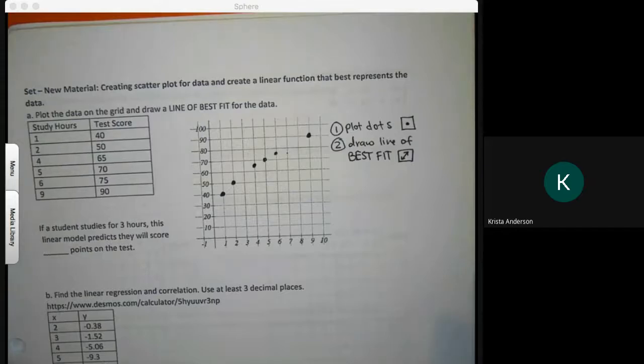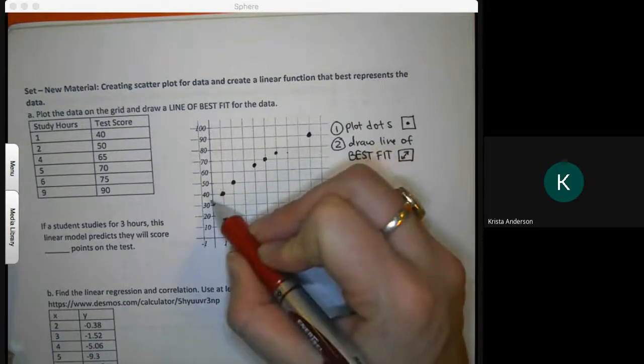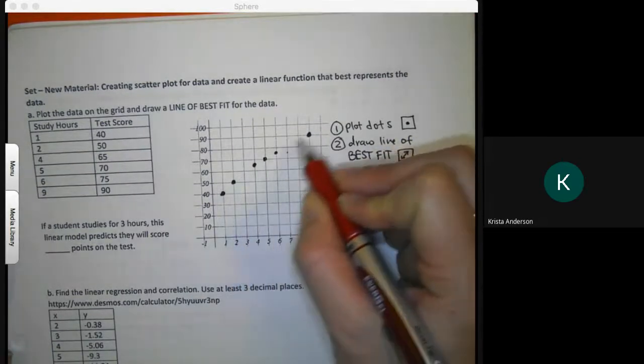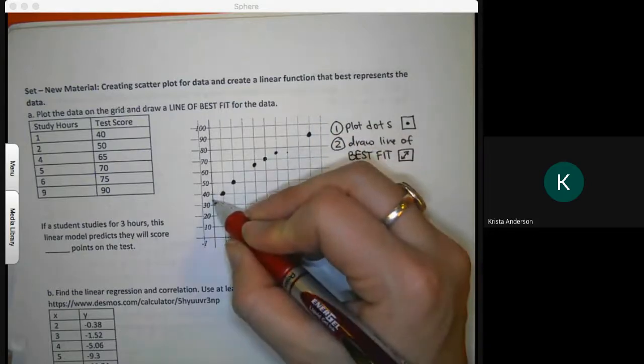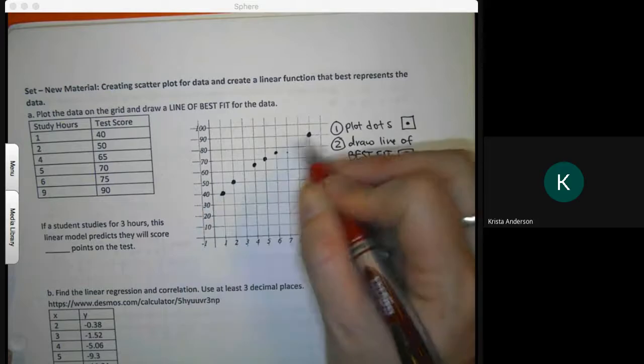So I click on all my dots. Then I'm going to draw a line of best fit. The goal is to try and get my line to equally go with these dots.